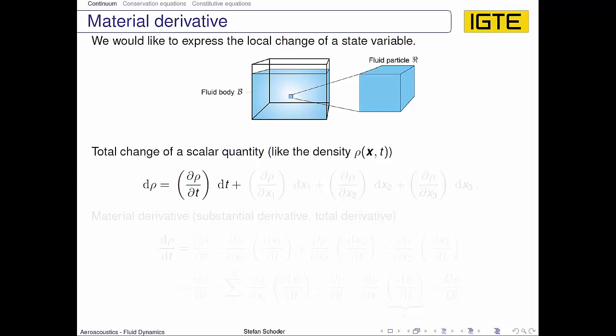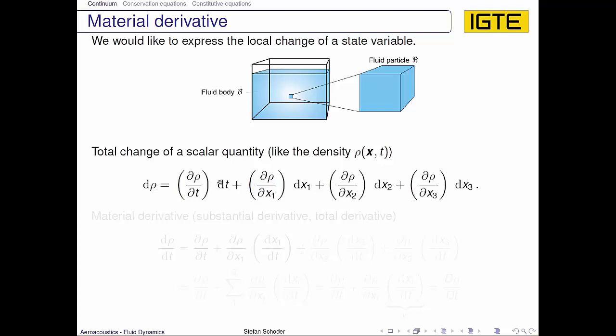So first of all, it consists of the partial derivative with respect to time and the total change in time, plus the sum of each spatial coordinate change. So the total change of a scalar quantity is a sum of the specific partial changes.